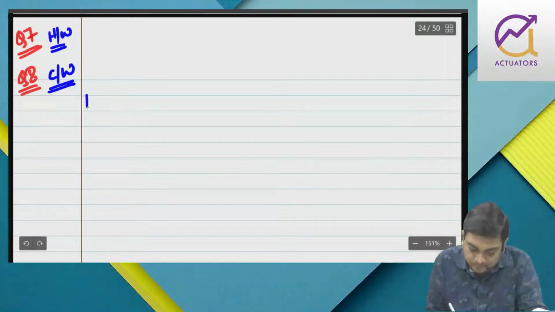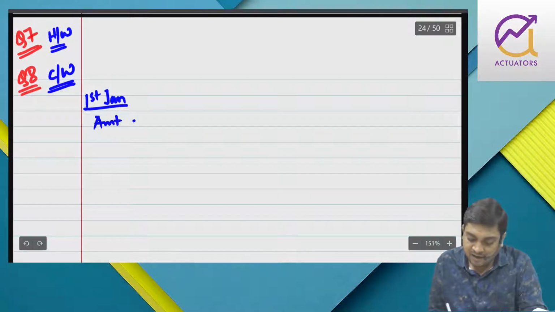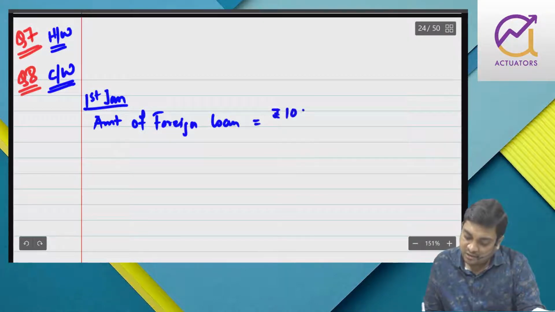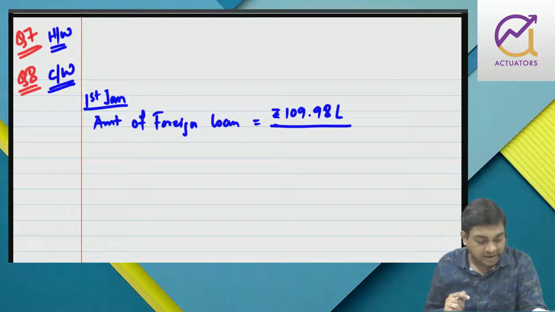So on 1st January, the amount of foreign loan is 109.98 lakh, and this conversion was done at the 1st January spot rate.